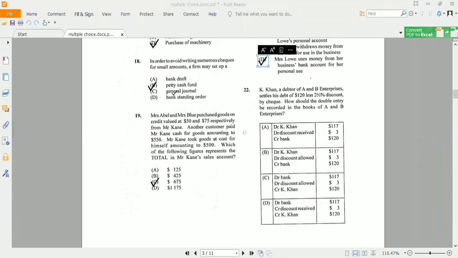So we're going to debit bank of $117. We're going to debit discount allowed of $3, as the discount is 2.5% of the $120. And we're going to credit K. Khan 120. So therefore the response there is C.